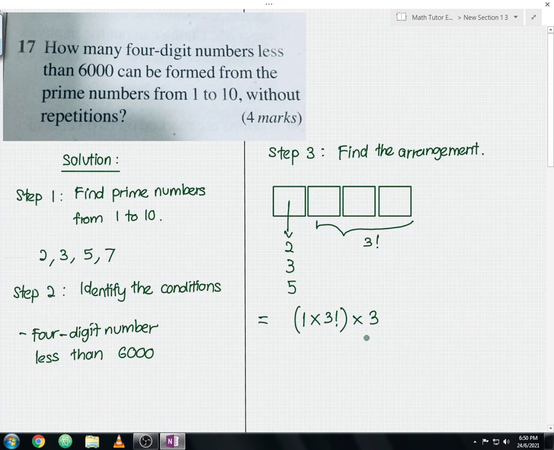Okay, to make the working faster. Okay, this one is way faster than the earlier. So from here you calculate this, you should get your final answer is 18. So from here you have 18 possible arrangements where you have 4 digits number less than 6,000. Okay, so this is your final answer, guys.